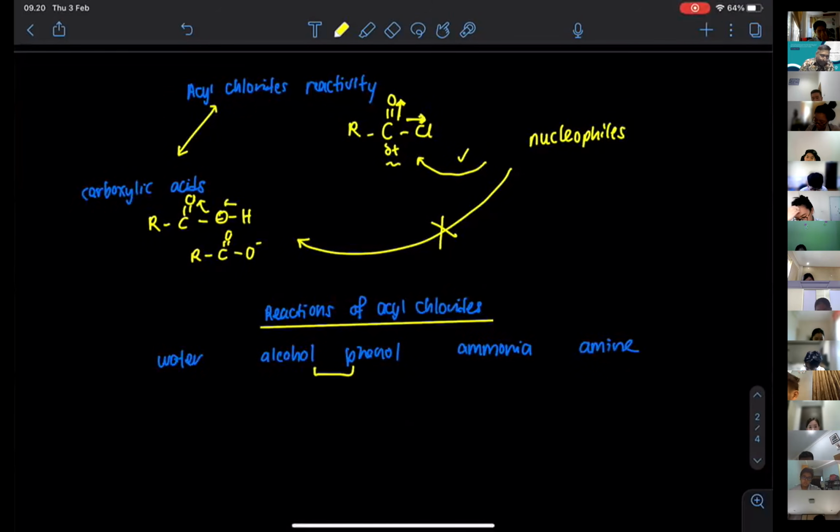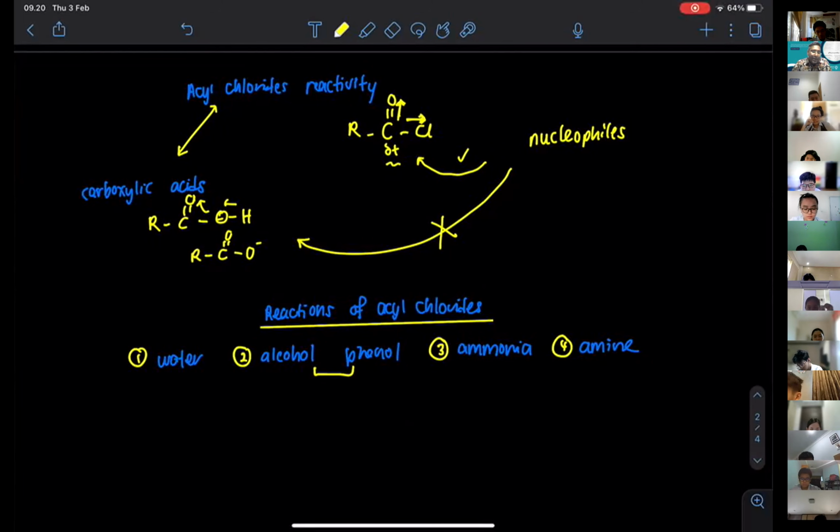So we have water. The reaction is called hydrolysis. The reaction with alcohol or phenol is going to be esterification. Number 3 and number 4 are almost the same, because you are going to form amide. Formation of amide. So you need to know what is the equation and so on.